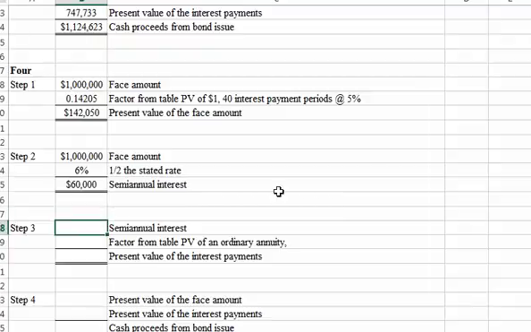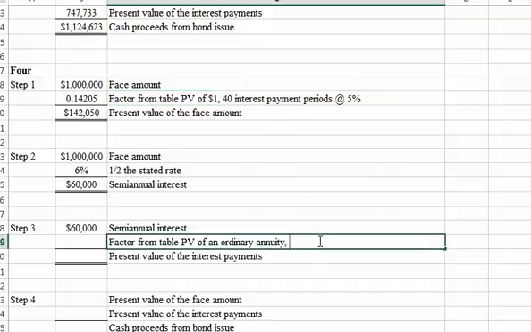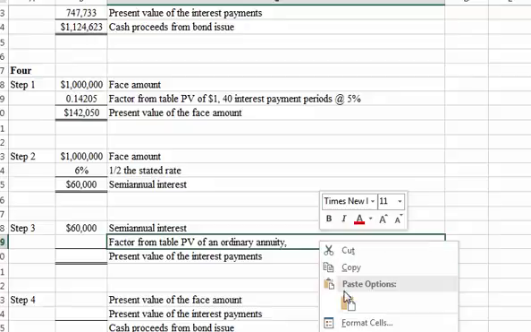So now we want to know the present value of the semi-annual interest payments. Well, they were $60,000. Again, we're dealing with 40 periods. Remember, this part is the same if you're doing the present value of a $1 or single sum in step 1, or if you're doing the present value of an ordinary annuity in step 3.